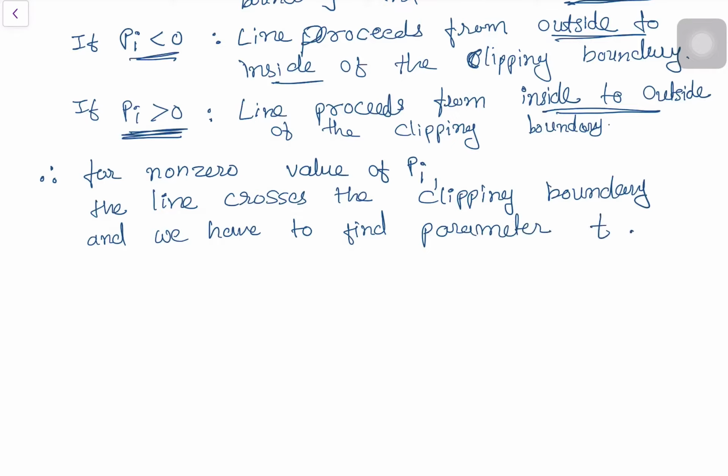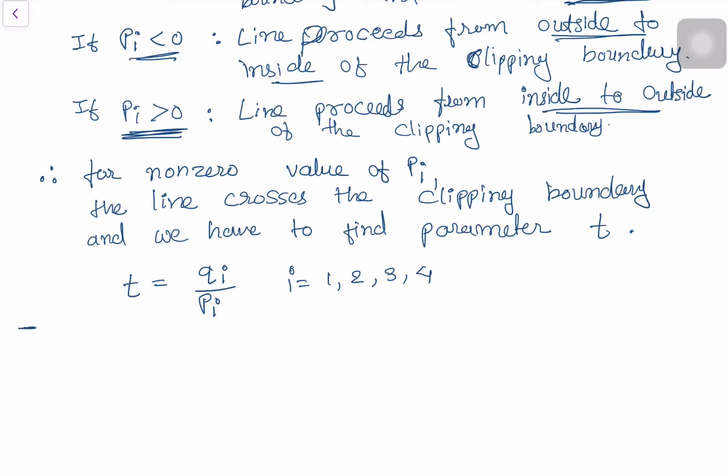The parameter t for any clipping boundary i can be given as t is equal to qi divided by pi, where i is equal to 1, 2, 3 and 4.